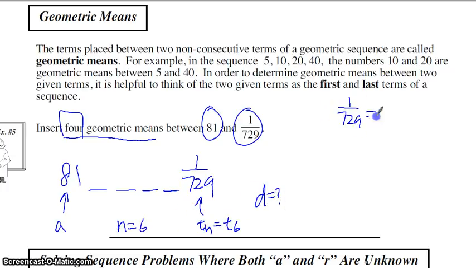Tn is a times r to the power of n minus 1. Okay, what's the first step? So 1 over 729, you divide by 81. Turn it back to a fraction, and then you find out it's too small to turn into a fraction.